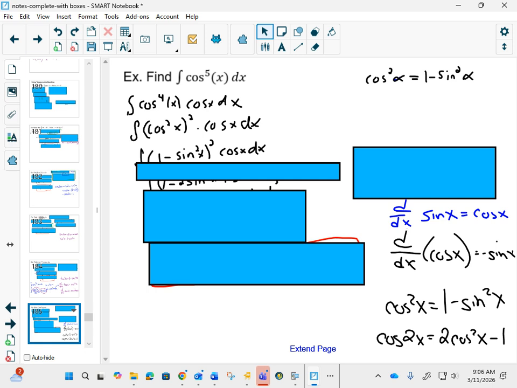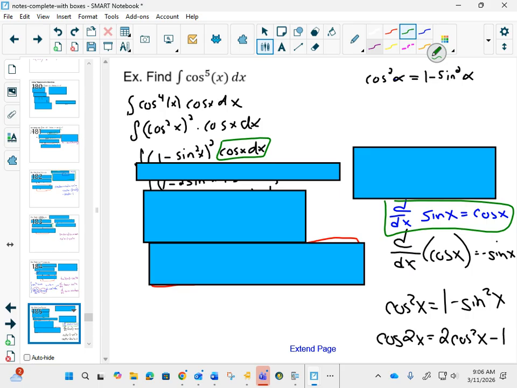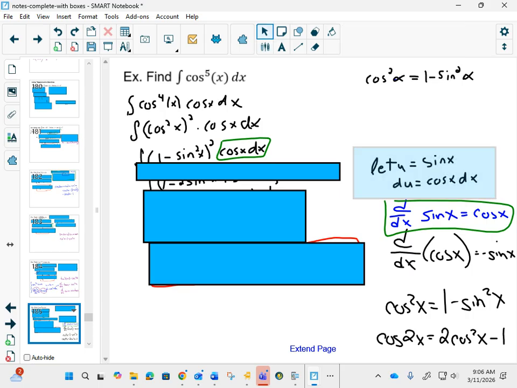So at this stage here, I see this part as this part. Maybe I can do something with this. So let u equal sine x, because I've got that cos x dx. What happens as a result?